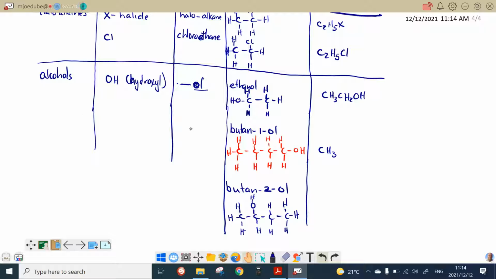The molecular formula is how many carbons? You've got two of them, so it's going to be C2, and then how many hydrogens do we have? We've got one, five, six, C2H6O.